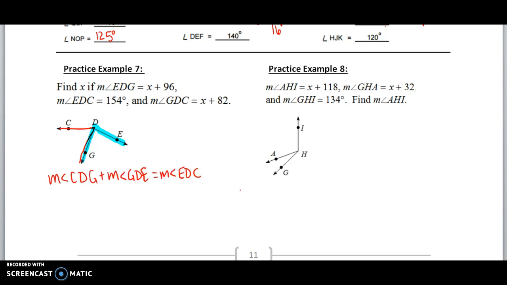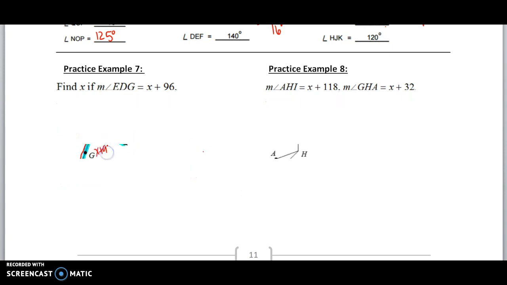Some of these I might have written out of order from how you see them. For instance, GDE is the same as EDG, and CDG is the same as GDC. The part I highlighted in blue on the actual angle is this. If it helps, you can put things in the picture. So E to D to G is x plus 96.